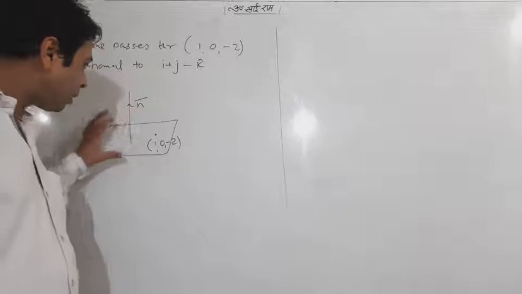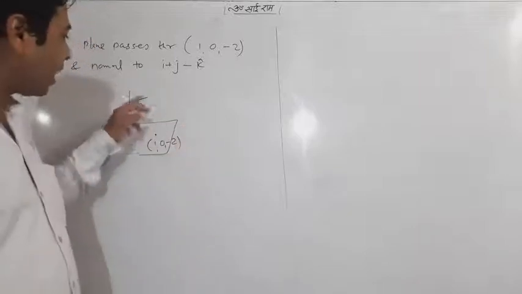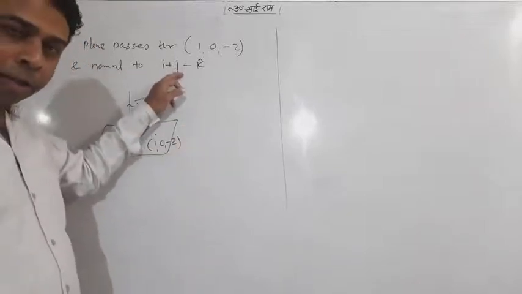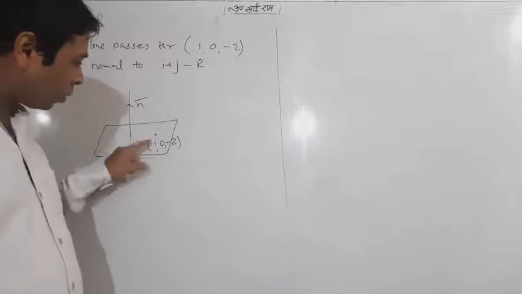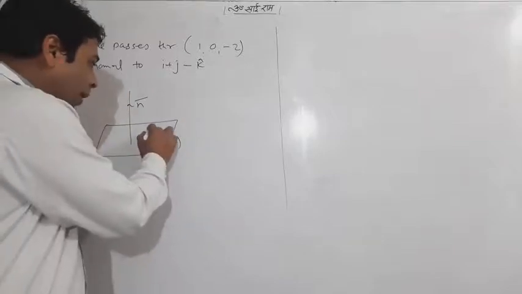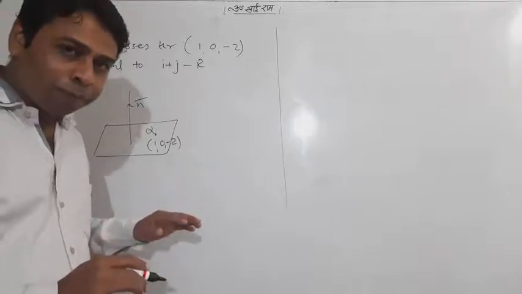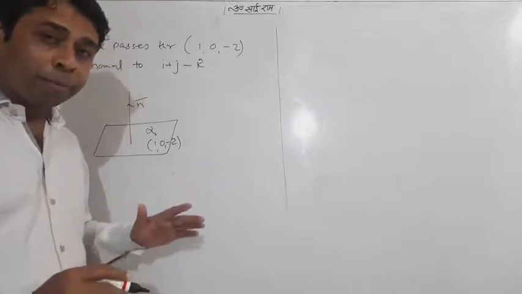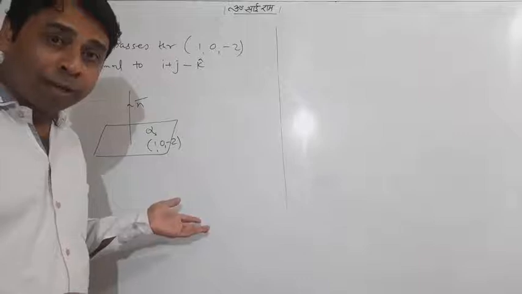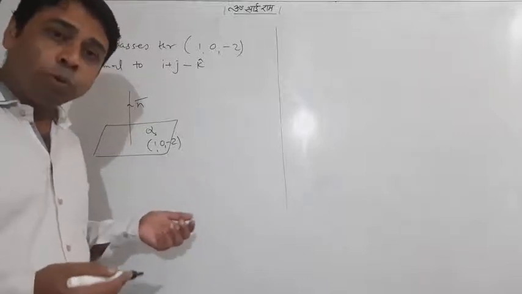The criteria is very simple: the normal vector is given, and the point by which it is passing, suppose it is q.